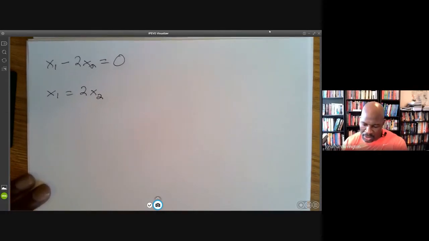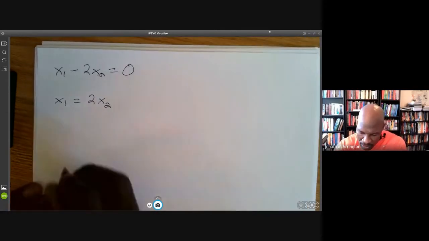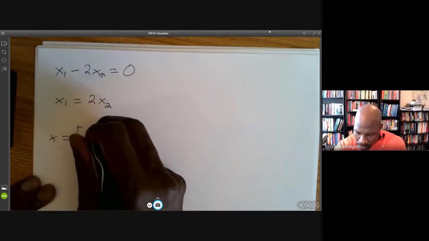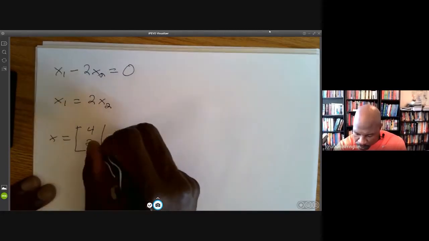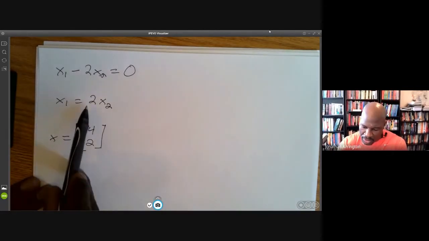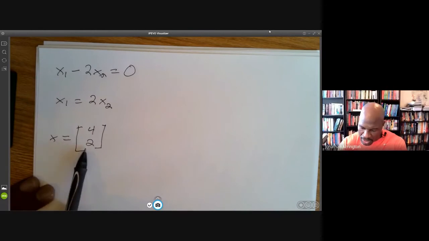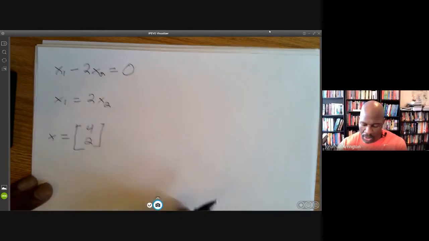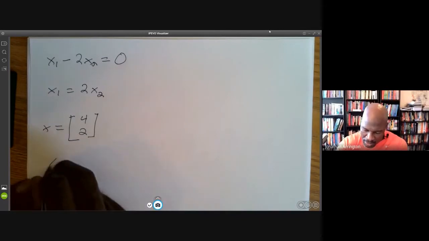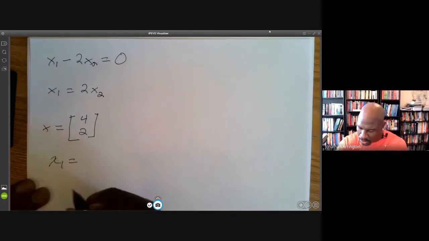And so let's say I use the eigenvector 4, 2. So let's say my x is 4, 2. Again, you can see here 2 times x2 equals x1. And remember, for this particular case, lambda 1, what was lambda 1?